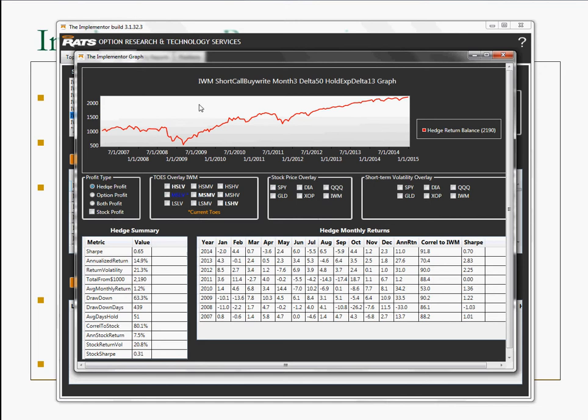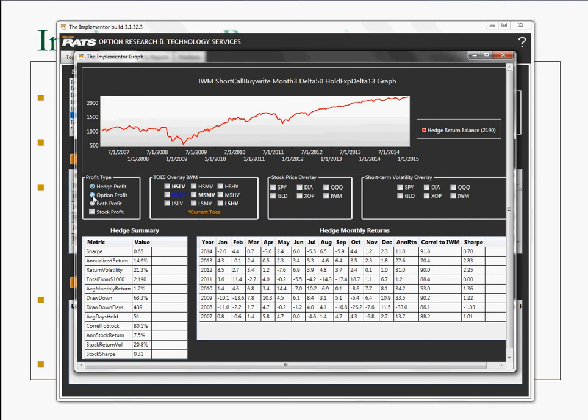So what we're looking at here is the strategy that we just looked at. This is a graph starting with $1,000, showing how your investment would have done. You would have ended up with $2,190. Again, this is hedge profit.